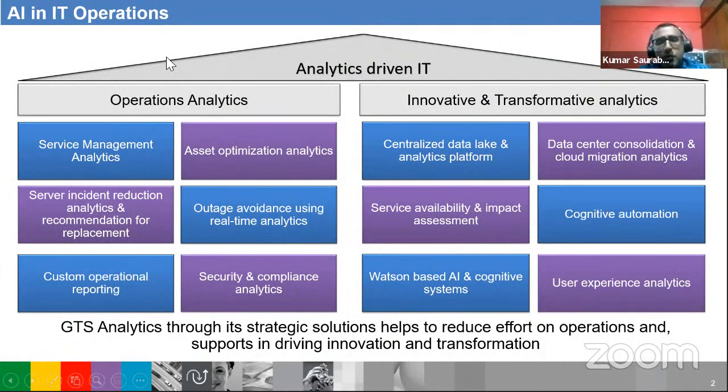So this slide shows a few examples. Maybe if I have to pick one, we can talk about outage avoidance using real-time analytics. Right. So what is meant by outage avoidance? Again, let's start with an example. Let's say I'm a cloud service provider, and as a cloud service provider, I might be providing infrastructure as a service or platform as a service kind of services to my customers.